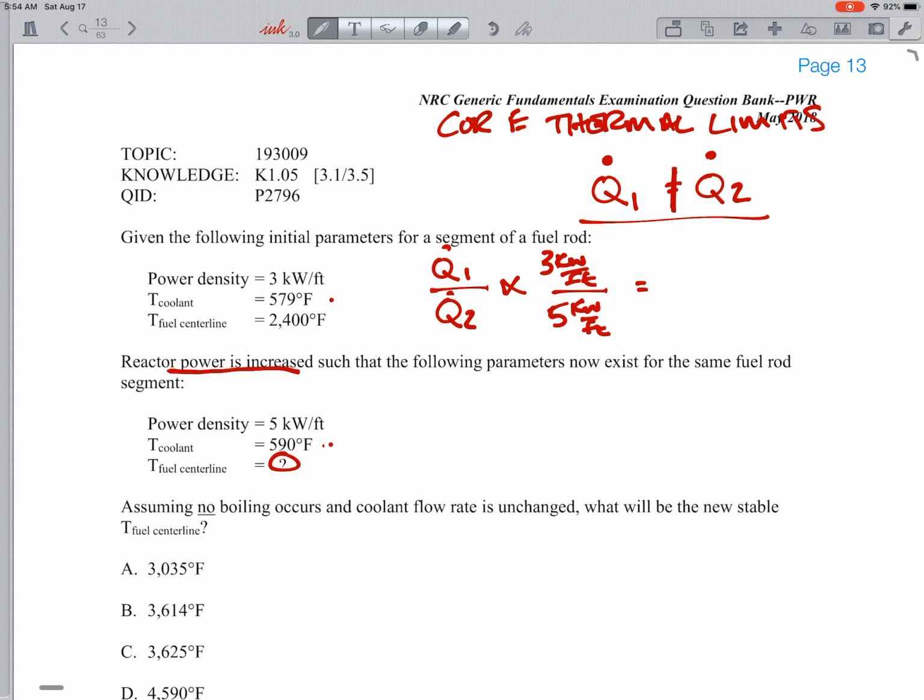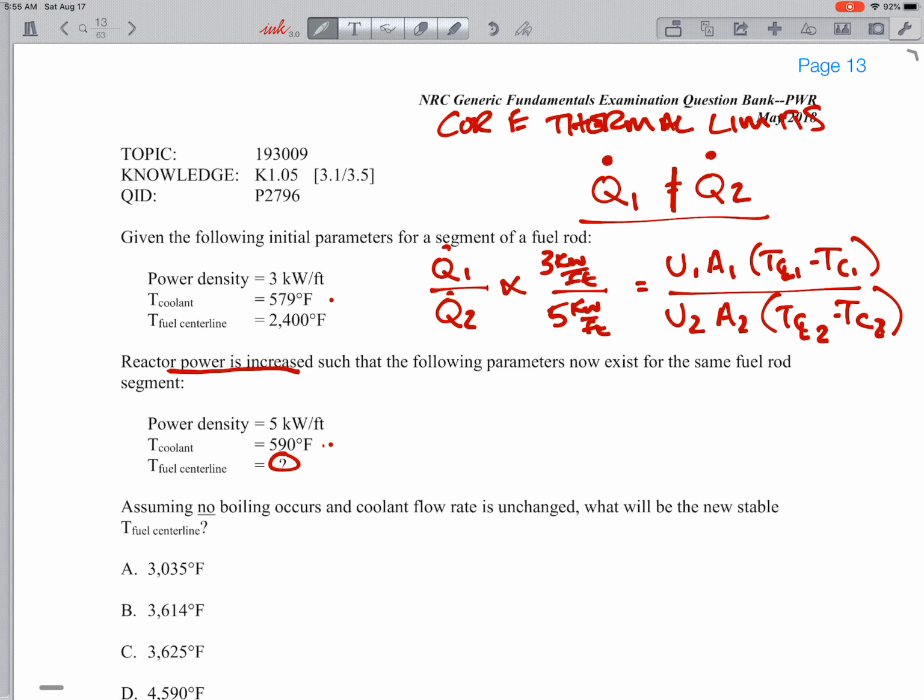And what that means is that this is going to equal UA delta T, right? U1A1 temperature centerline 1 minus temperature coolant 1 divided by U2A2 temperature centerline 2 minus temperature coolant 2.